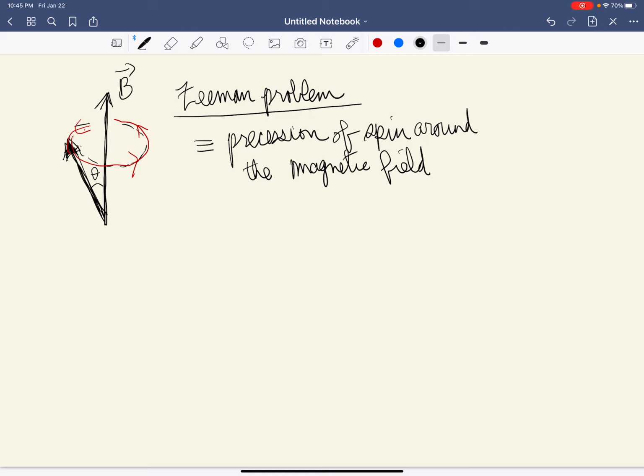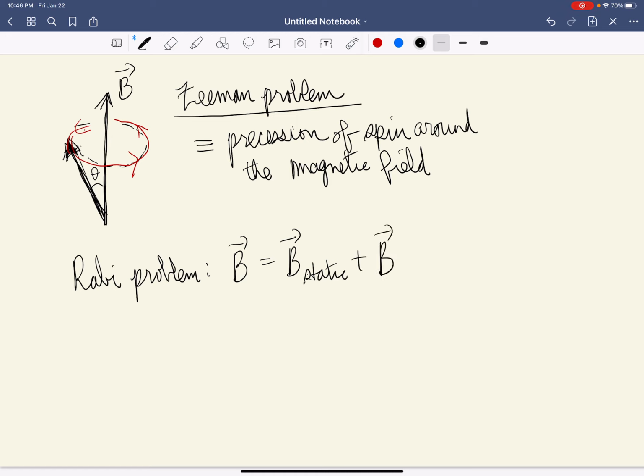And the big difference with the Rabi problem is that there's a B static, and then there's a B dynamic.